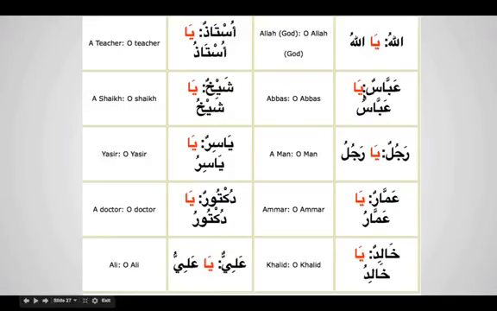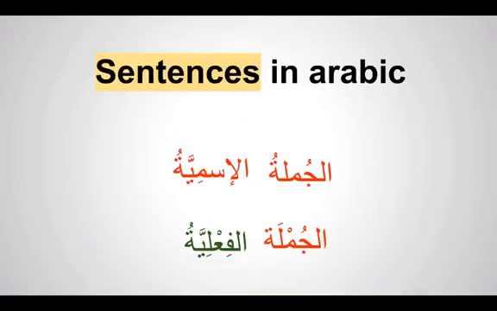We don't say ya Abbasun, we say ya Abbasu. Rajulun is indefinite, see double dhamma. Ya Rajulu. Ammarun is double tanween, but it becomes ya Ammaru. So on and so forth. So when it comes ya, harfu nida, and the munada is definite, it will have a single dhamma, inshallah.